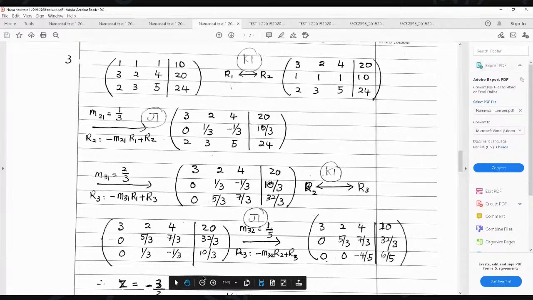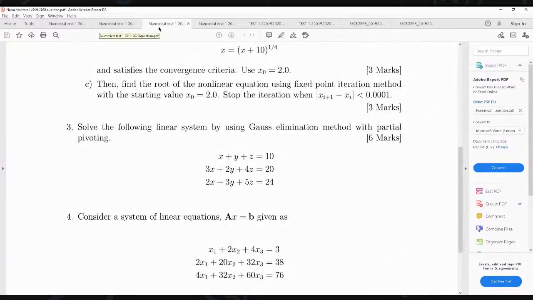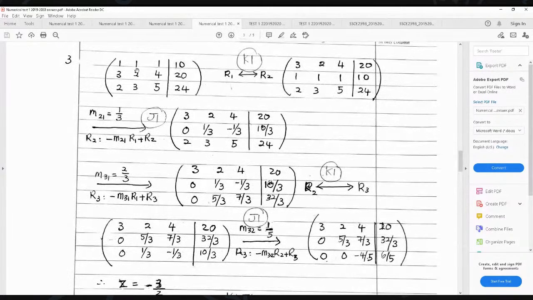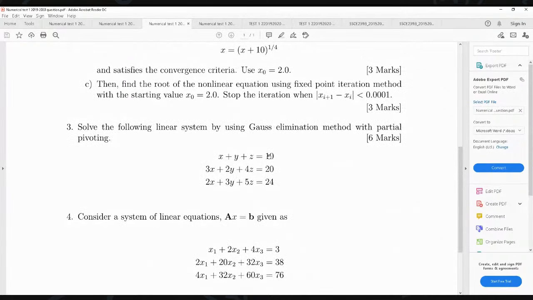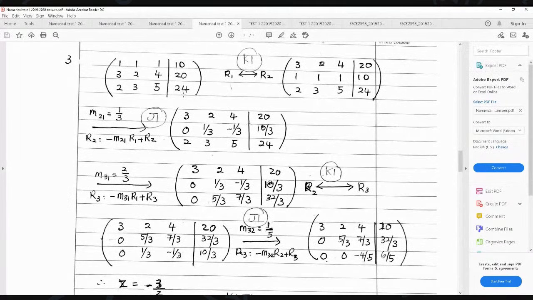For example, first you transform the equations 1, 1, 1, 3, 2, 4, 2, 3, 5 into matrix form, and the right-hand side F is 10, 20, 24.